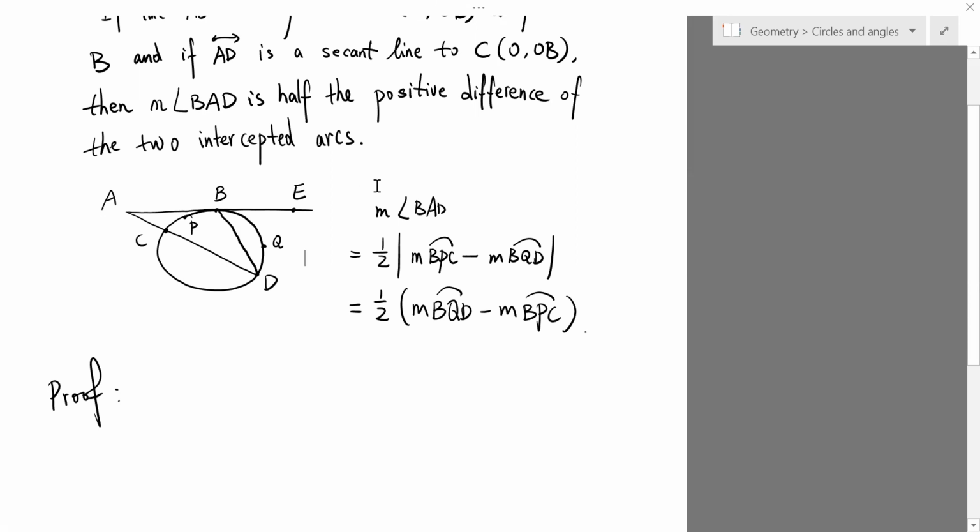So the angle EBD is going to be equal to 1/2 the measure of the arc BQD. So let's write this down before we move forward.